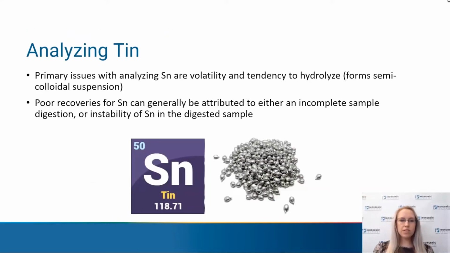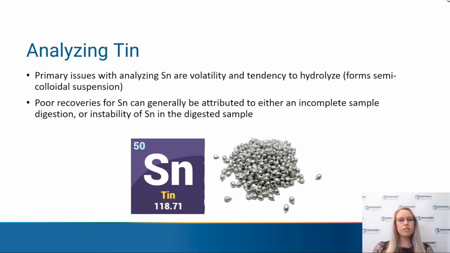So that brings us to our tin analysis. The primary issues for analyzing tin are volatility of the chloride species and the tendency to hydrolyze. When tin hydrolyzes out of solution, it forms a semi-colloidal suspension, which is tin 4 hydroxide.